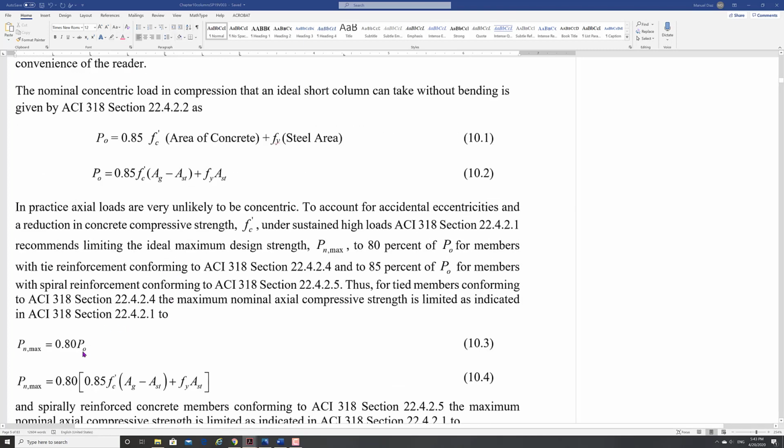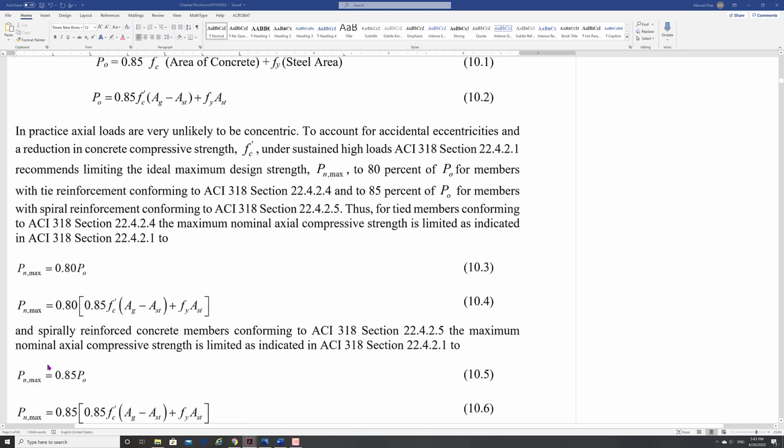Remember, we use 80% if we're using a tie column, or 85% if you use a spiral column. And that becomes your N maximum for these cases. The N maximum in this case is for the moment equals 0. So this is the overall maximum load that you can put in a column when moment equals 0.